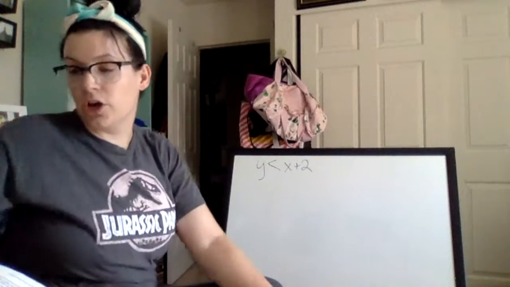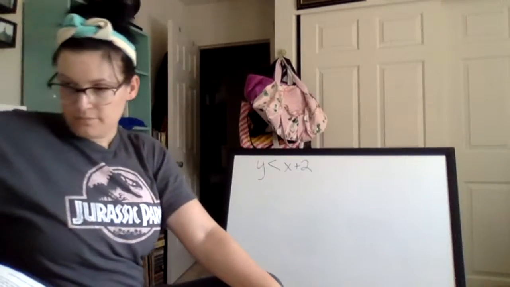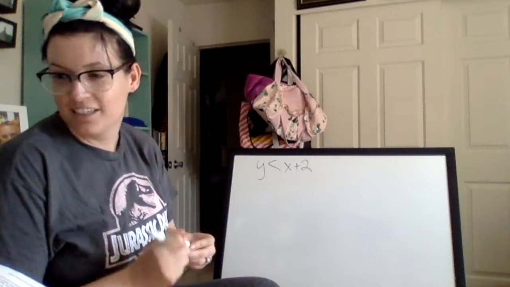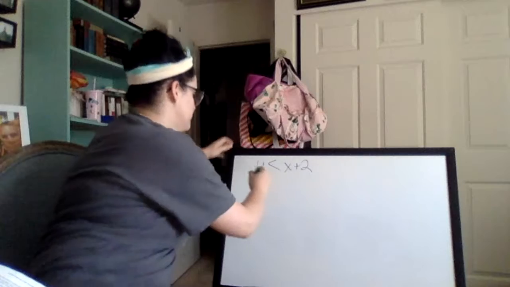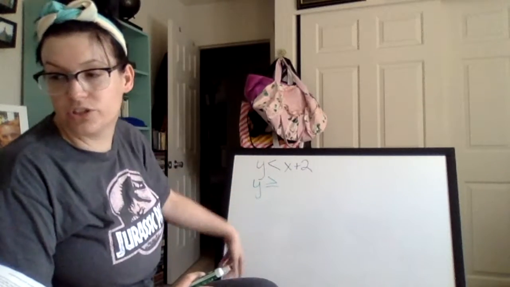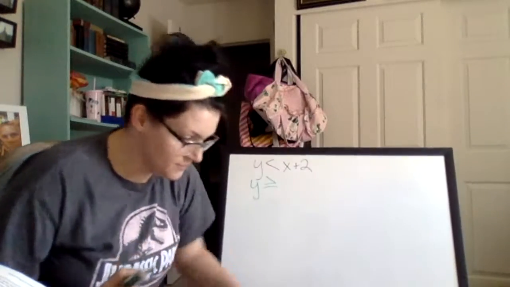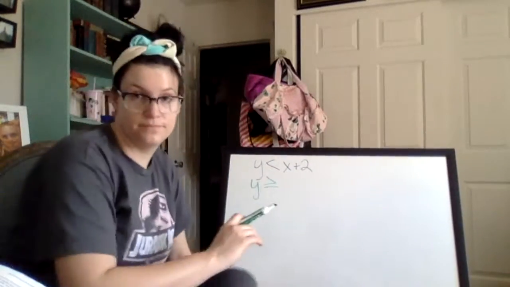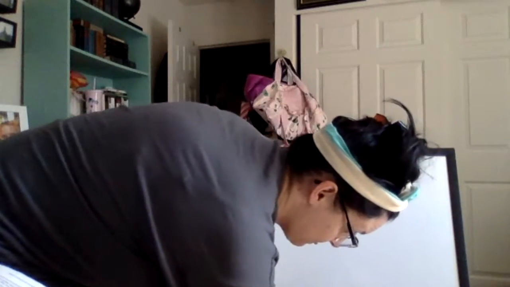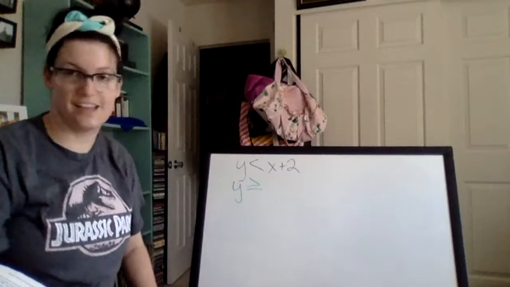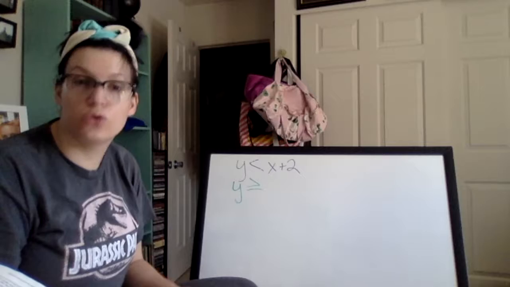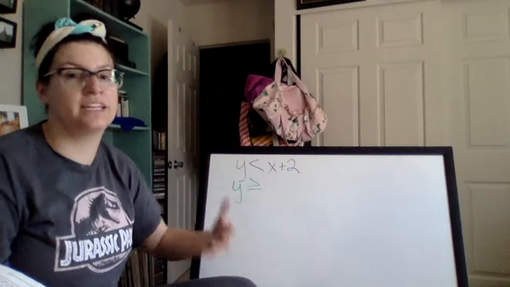and then also, this is on page 157, to take y is greater than or equal to negative 3x minus 1.